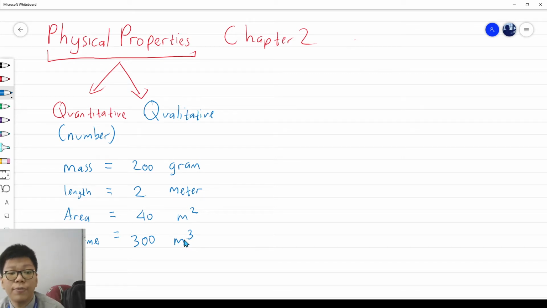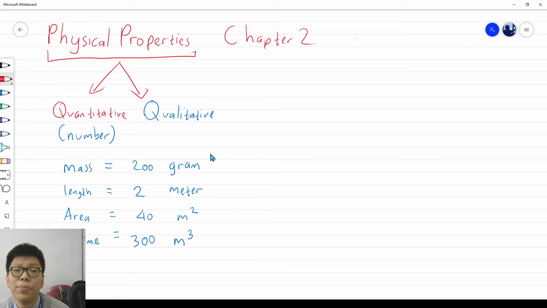But how about if the mass is not in grams? Can we say it in other units, for example kilograms, ounces, tons, or quintals? Yes, we can. Different places usually use different units. For example, in Indonesia, we usually use kilograms.